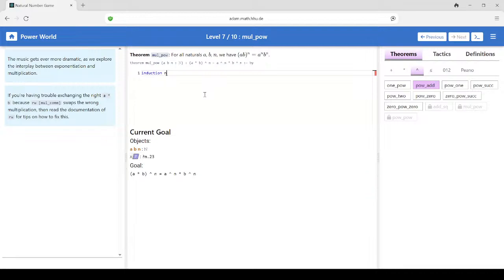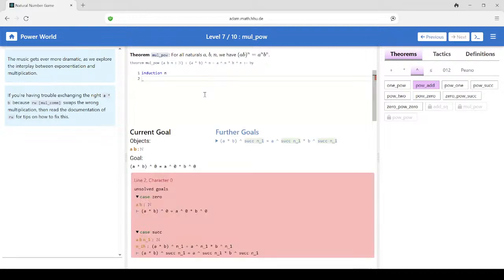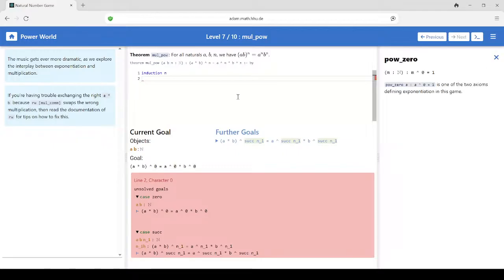Induction n, anything to the power of 0 equals 1. Well, that's not it. Yep, anything to the power of 0 equals 1. Rewrite.